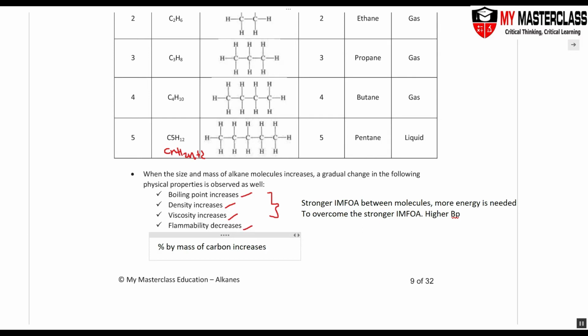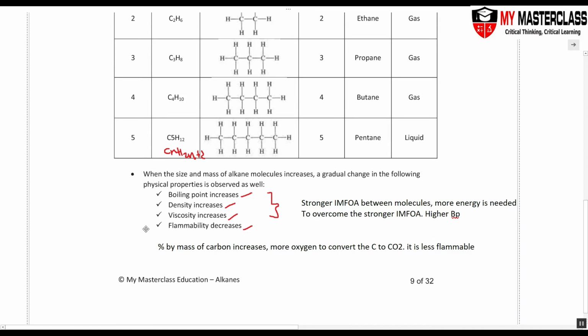So you need more oxygen to convert the C to CO2. So it is less flammable. These properties will apply to all your organic compounds, not only alkanes. We will visit all these properties in the respective chapters.